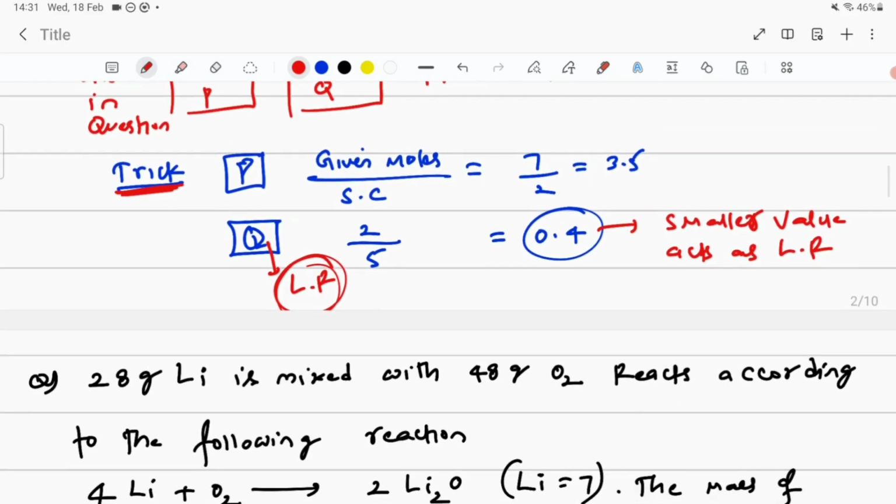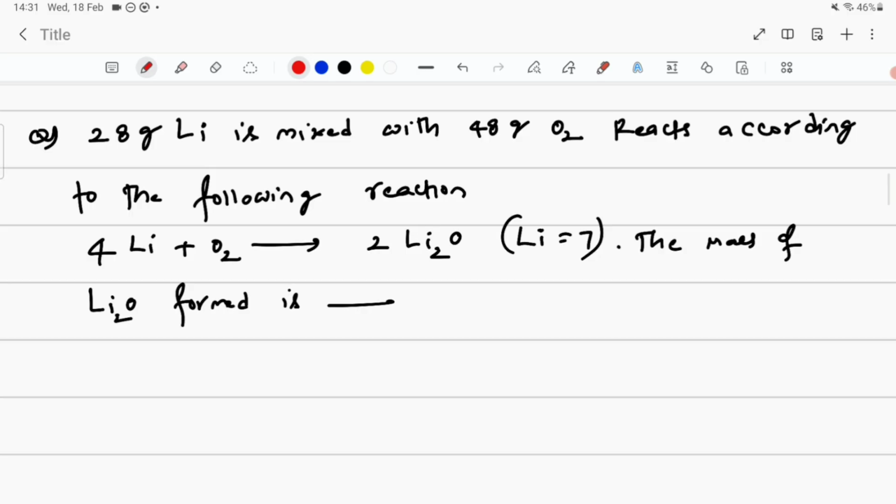Next, see the question. 28 grams of lithium is mixed with 48 grams of O2 to react and reacts according to the following reaction.